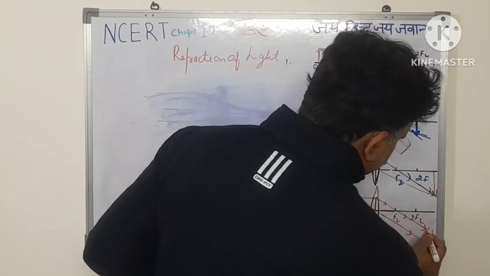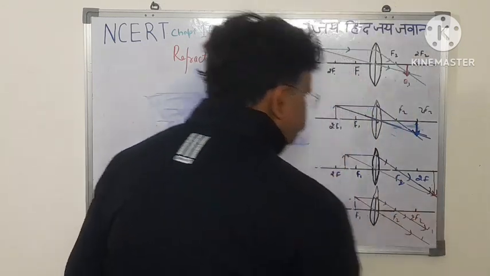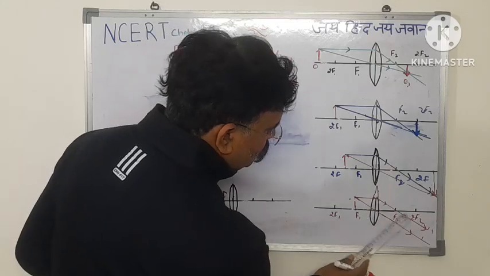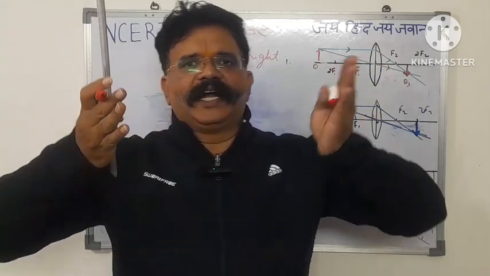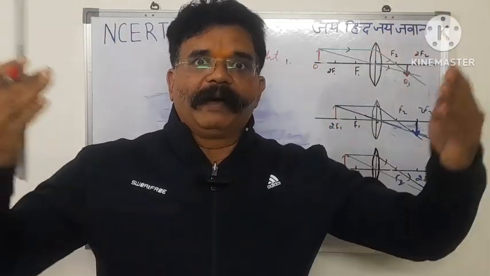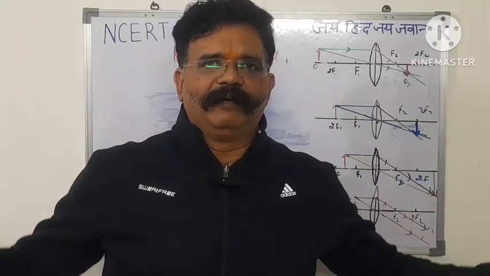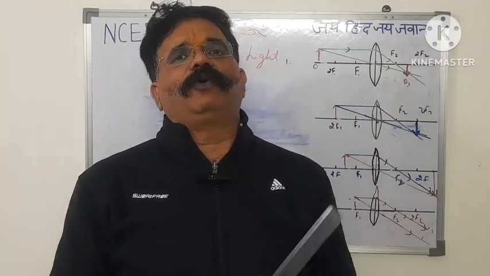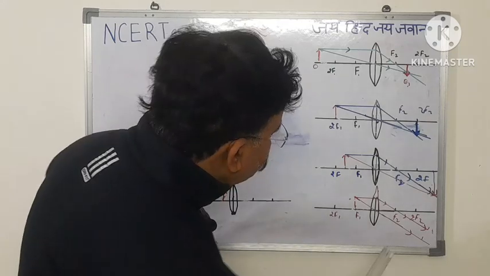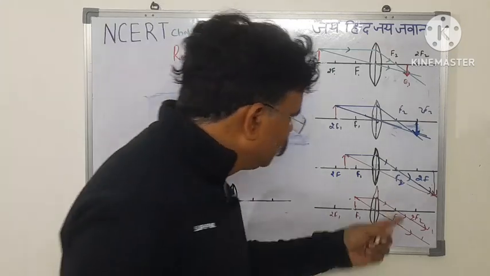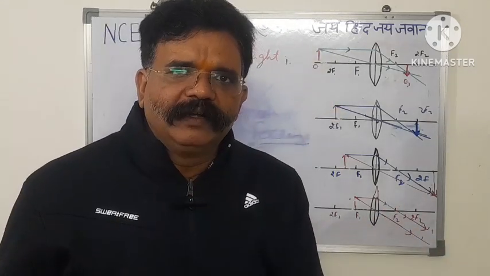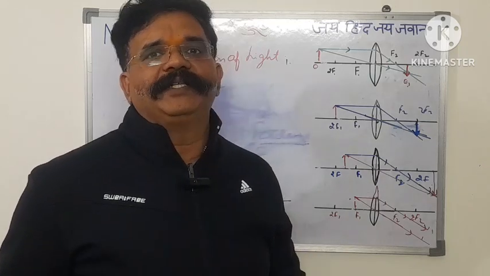What is happening? These two rays are parallel to each other. If two rays are traveling parallel, they will never cross or meet. Once these two rays are not meeting each other, they will never make an image.